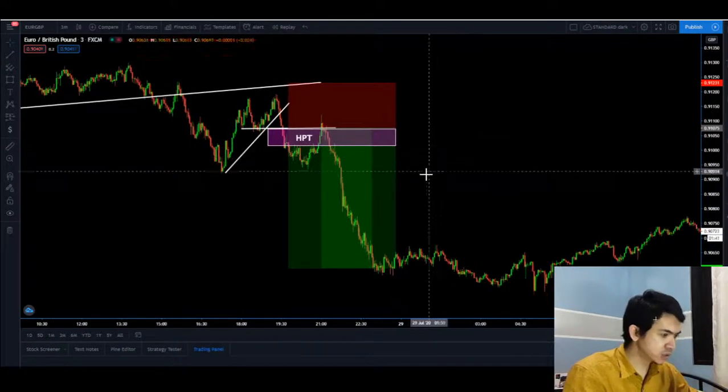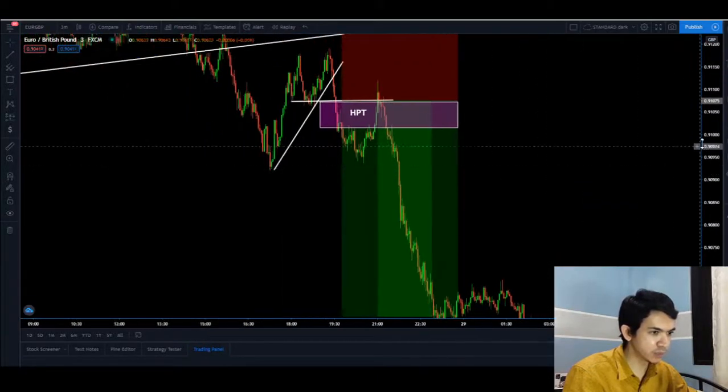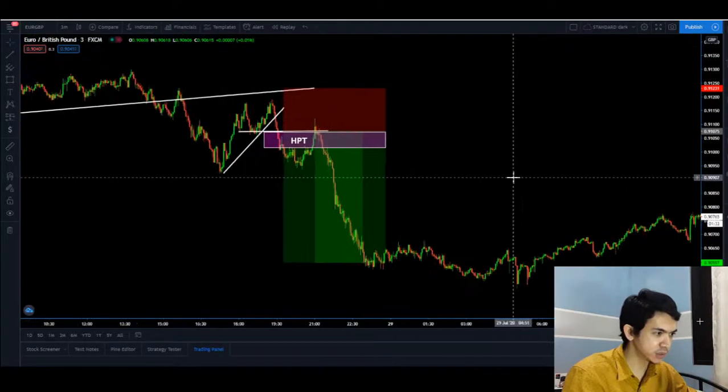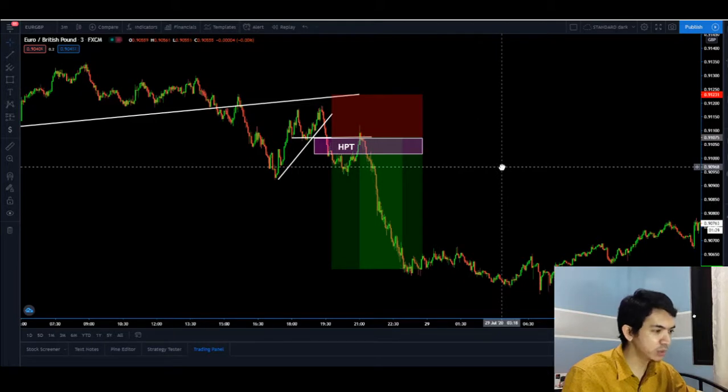So what is the thought process or the reasoning why I took this trade as a short or selling trade? I will be utilizing the TFP war system in this scenario, in order for you guys to know the reasoning why I took this trade, how I do my entry, and even the take profit level.